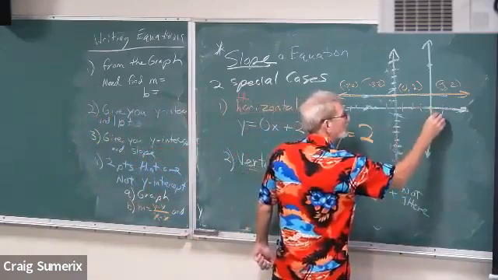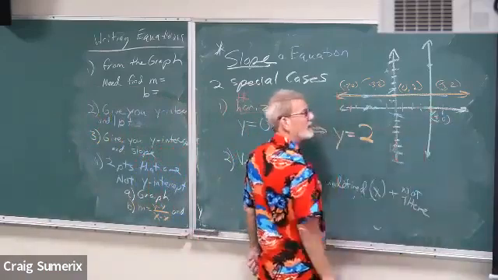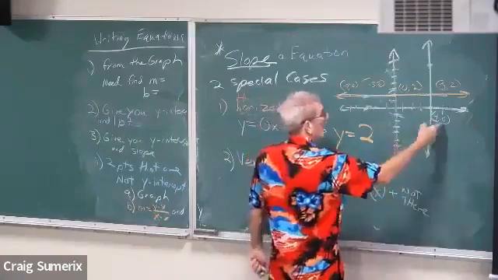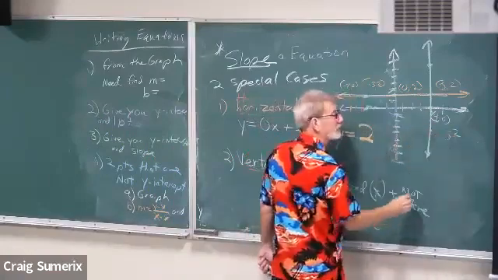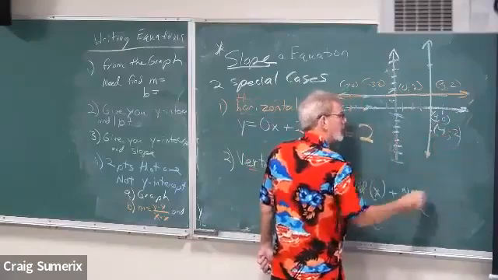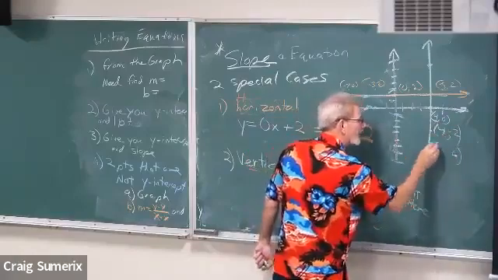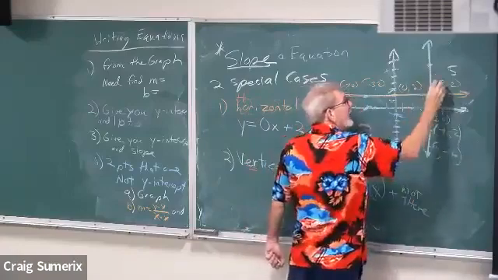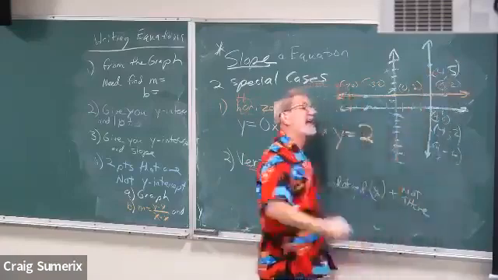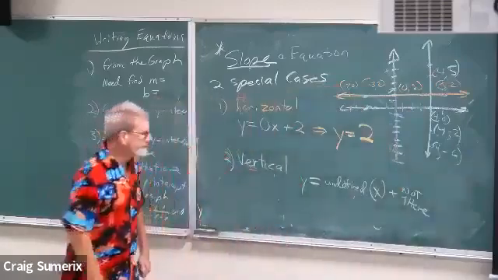This point, 4, 0. If y is -2, what's x? 4. If y is -6, what's x? 4. When y is 5, what's x? 4. It doesn't matter what y is.